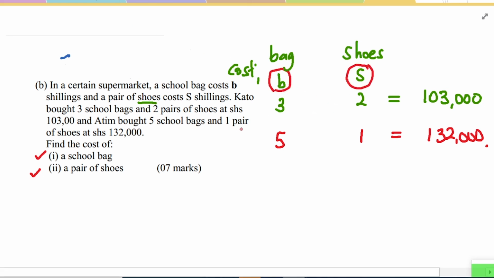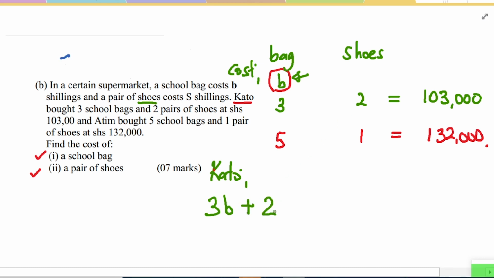If we look at Kato, which I have highlighted in green, Kato bought 3 bags. If the cost of each bag is B, the total cost of the bags is going to be 3 bags times the cost of each bag, plus the shoes.